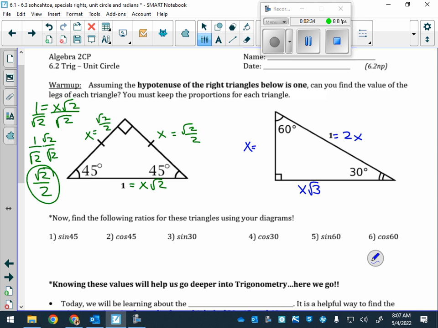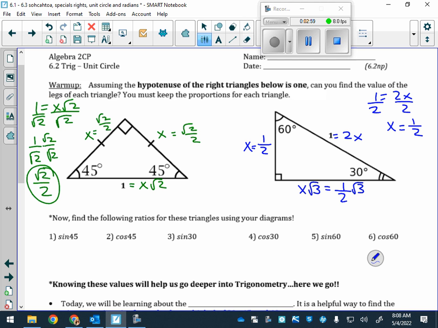So, in order to solve, we divide by 2. So x equals 1/2. Okay, that's across from 30. Now 60 is 1/2, which a lot of you had, 1/2 times root 3.